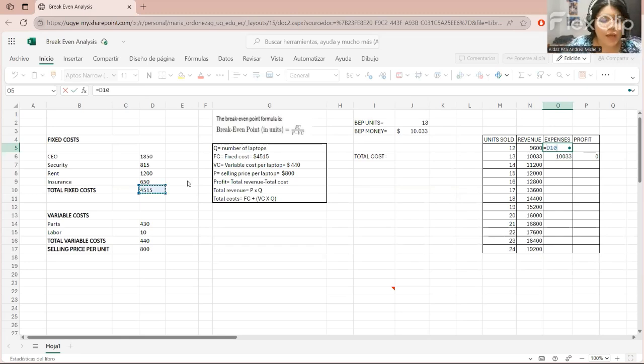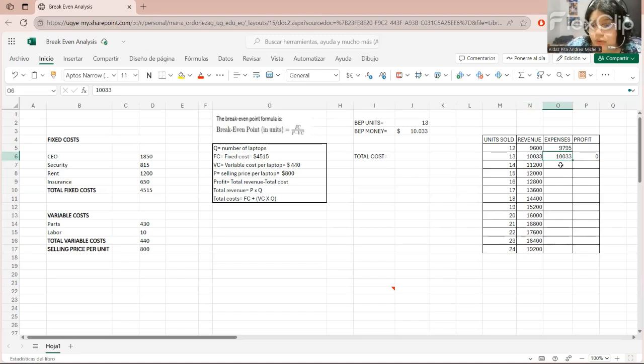We apply the absolute reference, plus, we open parentheses, we select the number of units sold times the total variable cost, and we close parentheses, and that's the value. In this case, the value doesn't change, so we have to work over here.